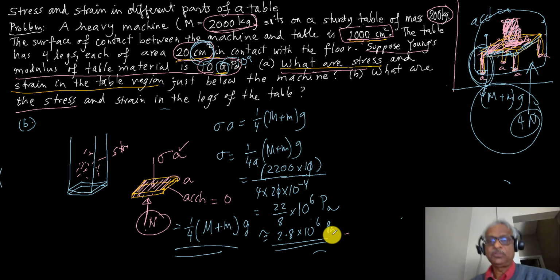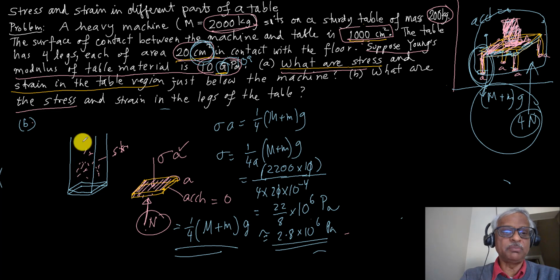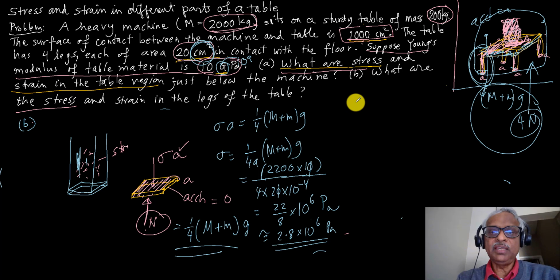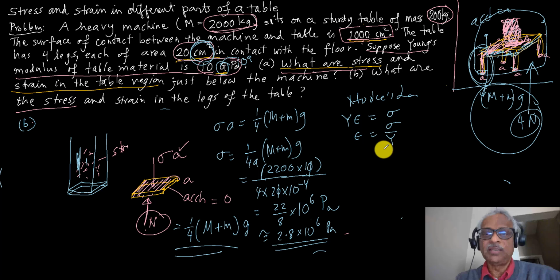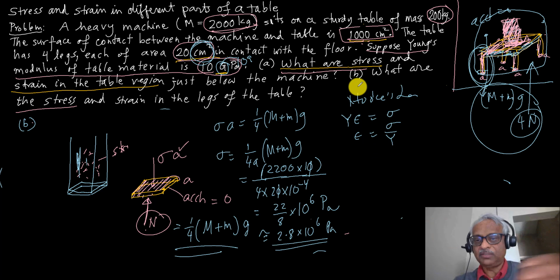Okay, so we got the sigma. How do I get the strain here? I mean, how much the leg has changed. Strain is just Hooke's law again. Sigma equals Y epsilon, so epsilon equals sigma over Y, because it is compressed, and it goes with a change in length.